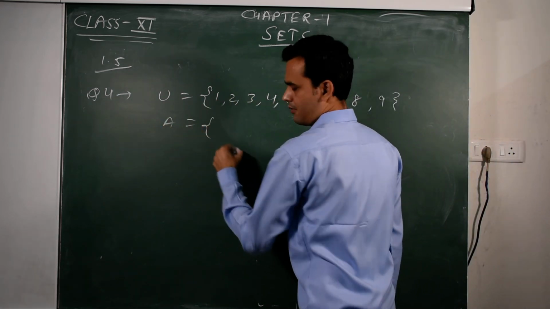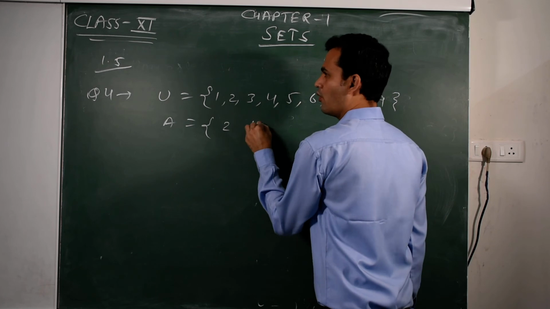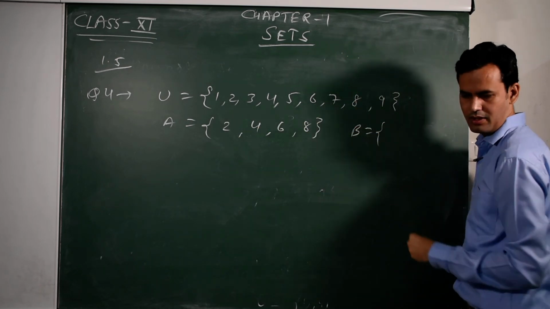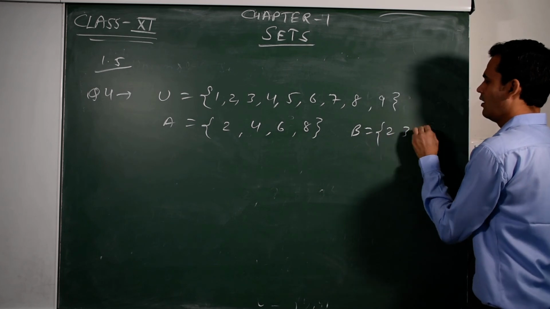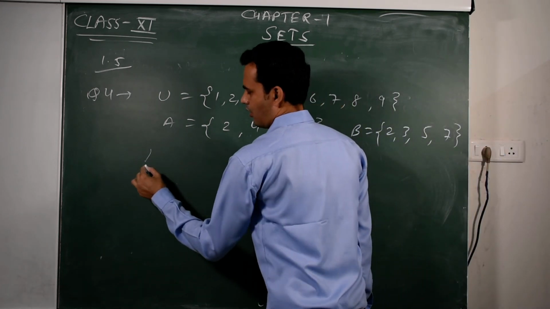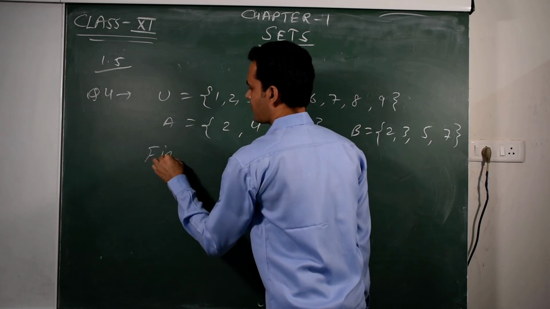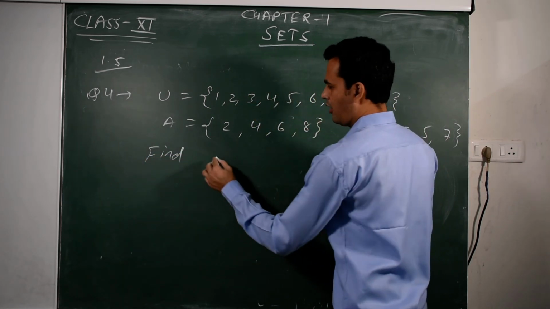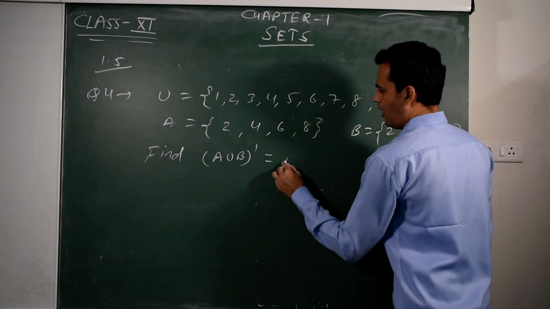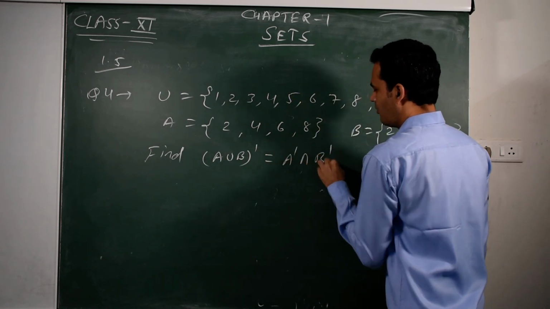A is the set 2, 4, 6, 8 and B is a set of elements 2, 3, 5, 7, and we have to find A union B complement equals A complement intersection B complement.